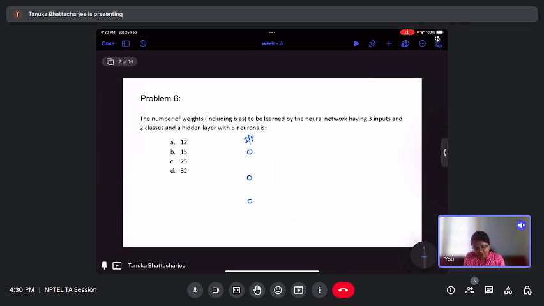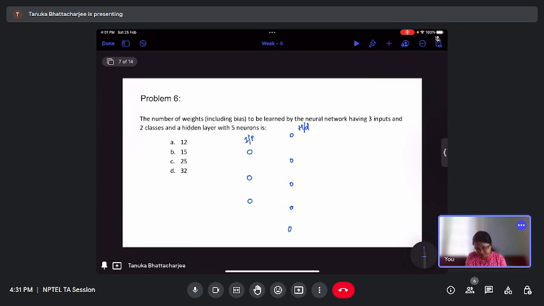Then you have a hidden layer with 5 neurons. This is your hidden layer, and at the output you have 2 classes.